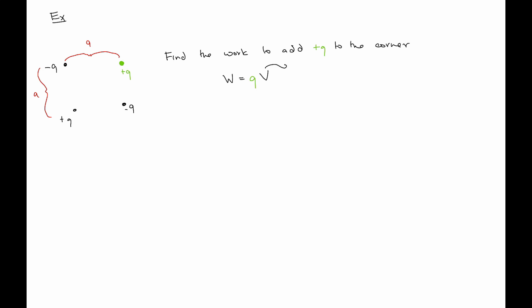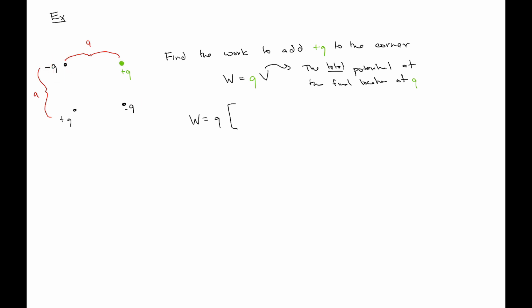So this is the total potential at the final location of Q. And by the way, we're moving this Q out from infinity, which means we don't have to worry about where it started, or the potential where it started. Okay, so let's do that. We've got our Q out here, and then I just have to figure out what the potential is at our point Q here due to these other charges.